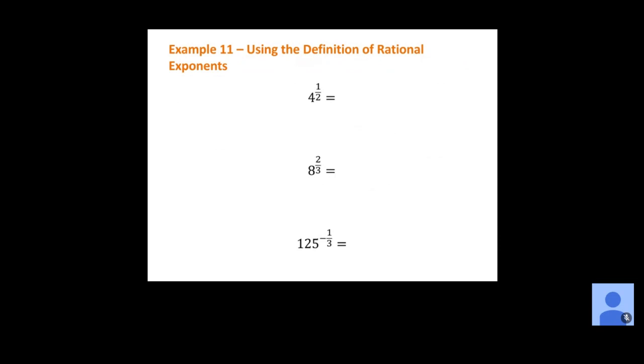Good. It's square root of 4, right? So the 2 becomes the index. So that's the index. And then we're going to have 4 to the first power inside there. Just remember the 1 becomes the exponent, the 2 becomes the index.